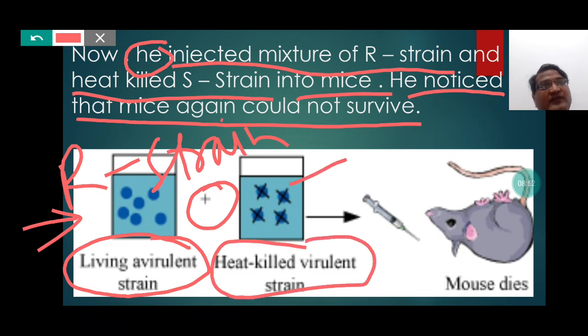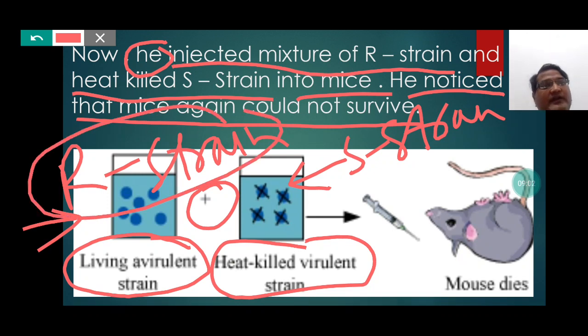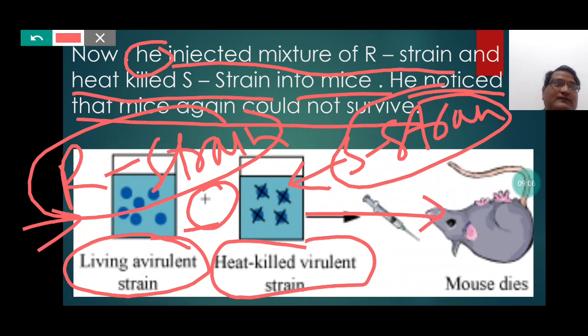When we say virulent strain, that represents S strain. So when this mixture of R strain and S strain was injected into the mice, he noticed that the mouse dies. That is, the mice was not able to survive.